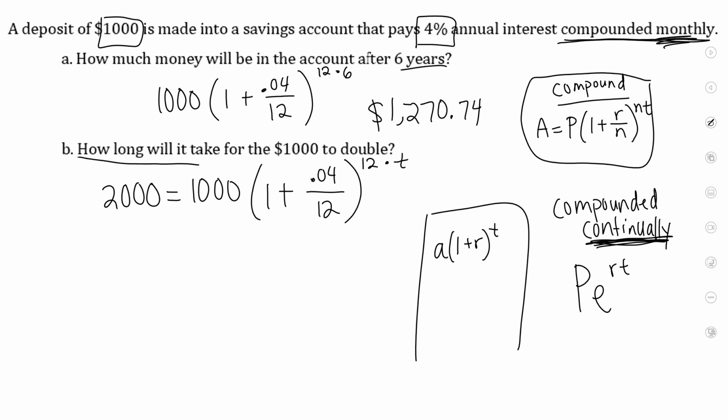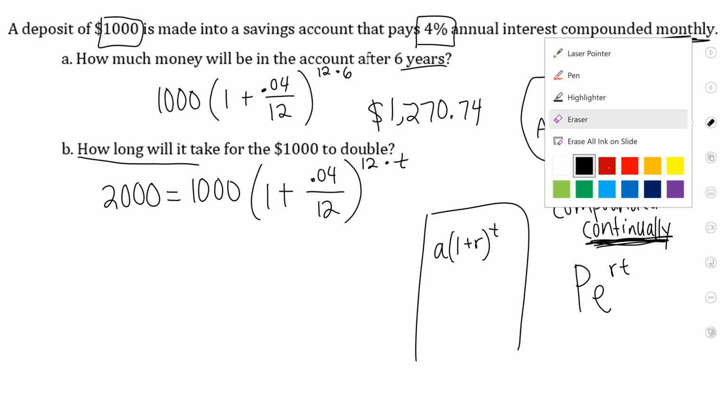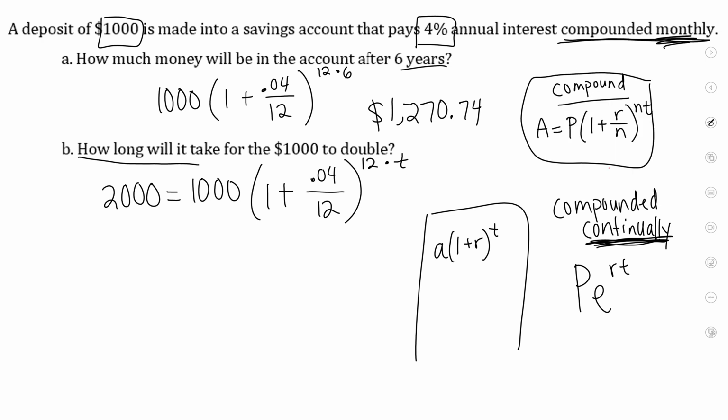So the only variable in my equation should be t for time. And we're going to solve for that. So what should I do first to get t by itself? What can I get rid of first? The 1,000. Let's get rid of this.